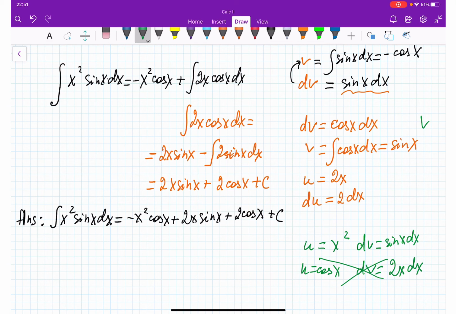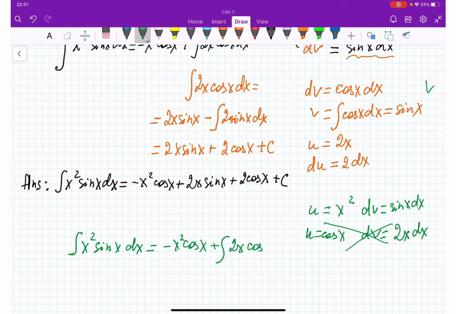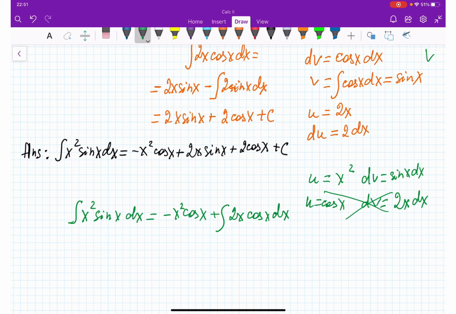For example, let me show you real quick. So you would get integral x squared sine x dx would be equal to negative x squared cosine x plus integral 2x cosine x dx. Okay, and then what would I get?